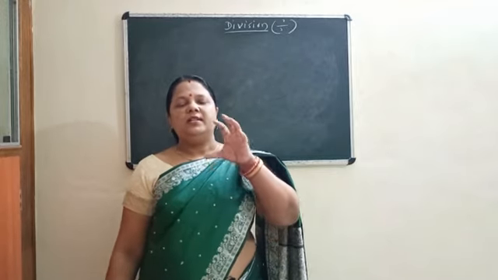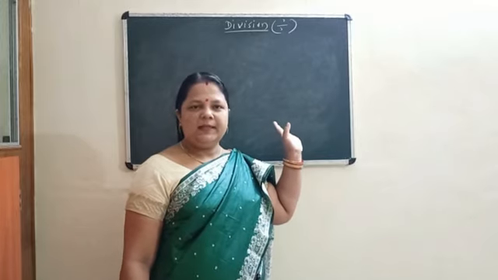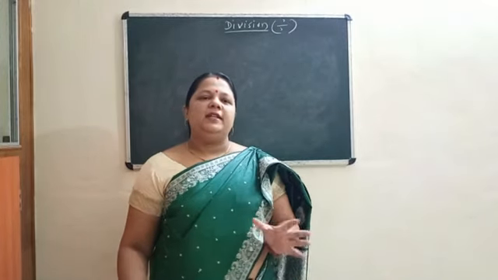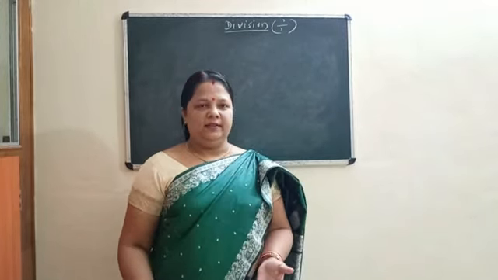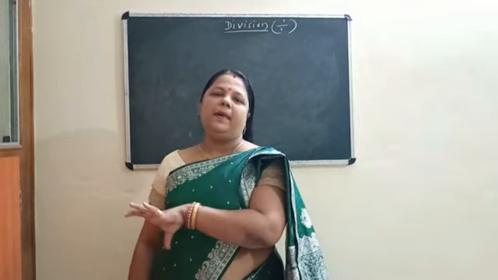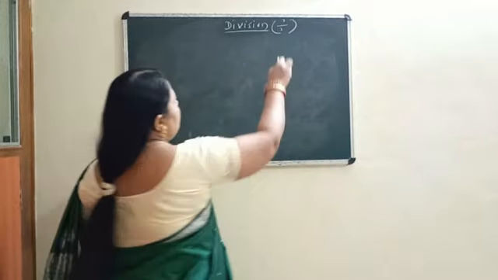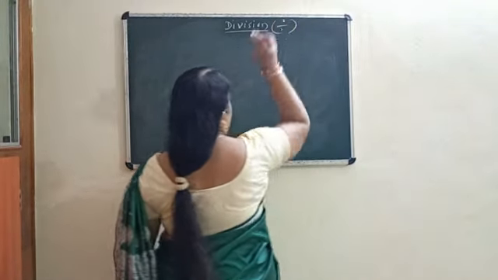That means, what is the meaning of division? We have already followed this example. It is a fair sharing, meaning splitting of numbers into equal amounts. That is called division, and this is the symbol for division.